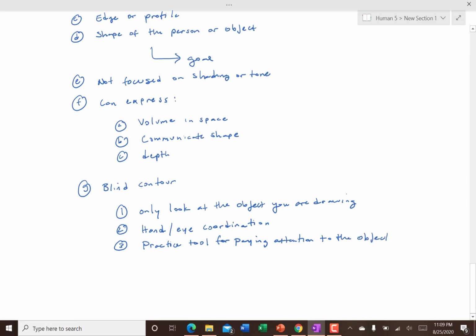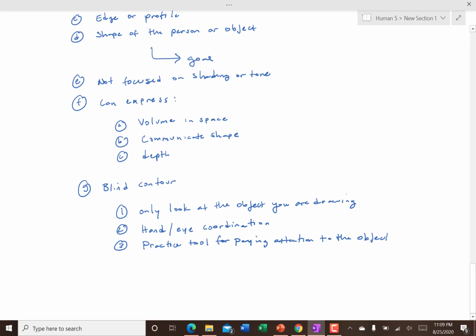Because if you're looking back and forth between the paper, you're not focusing on just what you see, and really focusing in on what you're trying to outline. Your brain is making connections and adding things that aren't necessarily what you see. This focuses the mind to only produce what you see.